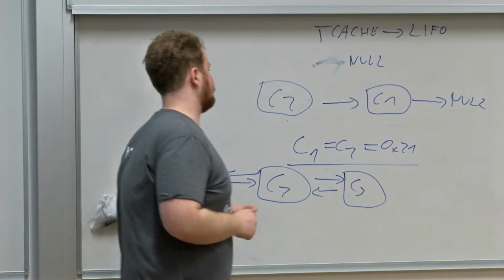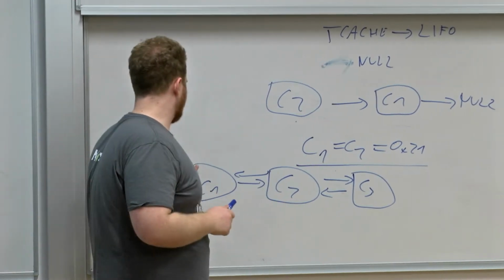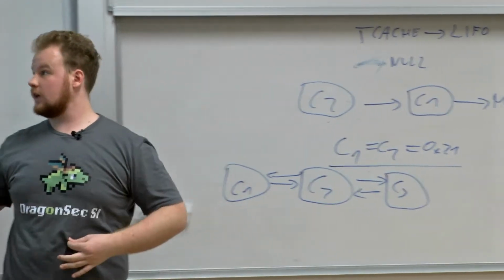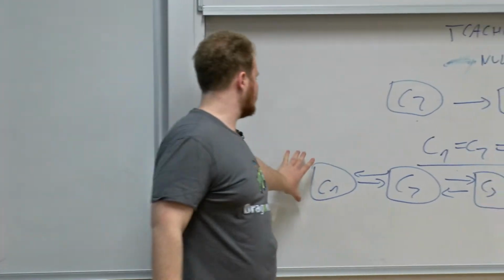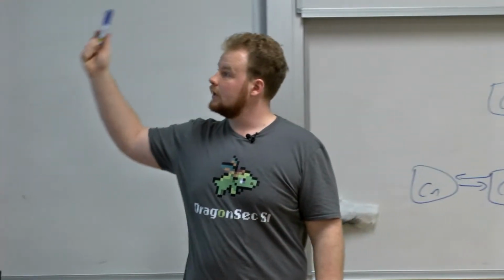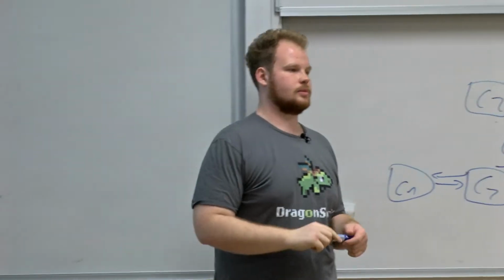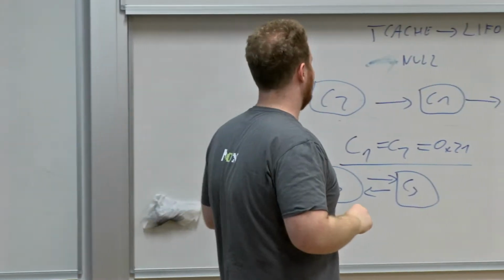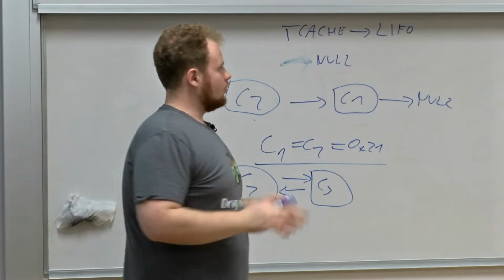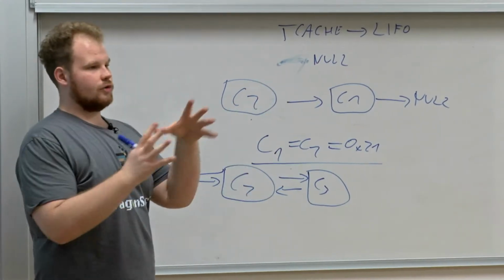Why is that? Well, because there is something going on in the unsorted bin that is not happening in the tcache nor in the fast bin. And that's coalescing. Coalescing is the thing I was talking about before with the prev size. It's the merging of chunks together.